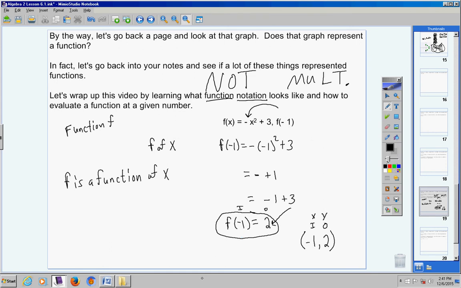You got out a +2. Okay? So you would pronounce your final answer. You would say f of -1 equals 2. Alright? Or you can write it like an ordered pair.